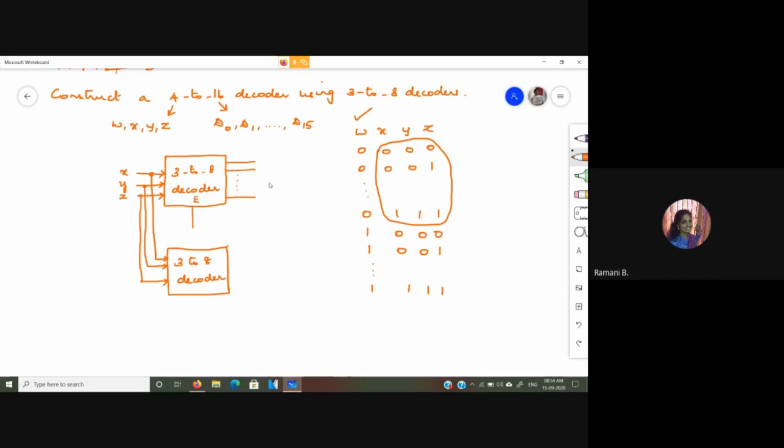Now to differentiate between these two decoders, we have this enable input. So for that purpose, I use this W input. For one gate, I give it as it is, and the other one, I take the invert of it and give it.